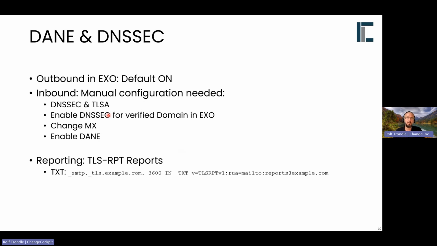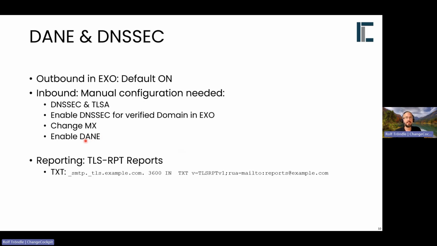This is also needed because when you use Exchange Online, your MX record is a CNAME record to an MX hosted in Exchange Online, so this zone or this record also needs to support DNSSEC. Then you will change the MX record. We will see this in more detail later. And then enable DANE support in Exchange Online, so it will offer DANE support to the sending third-party system.